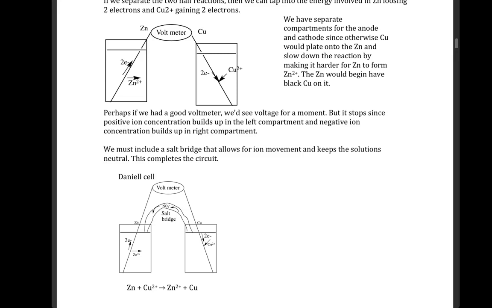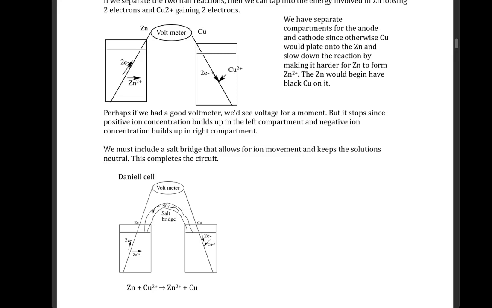Nature doesn't just do that. And as copper 2+ gets used up, the right compartment, the copper compartment, would be getting more negatively charged as we get rid of the cations in it. And that would stop the process.